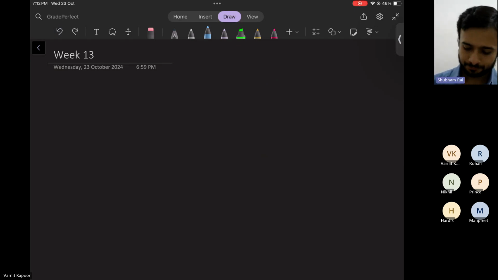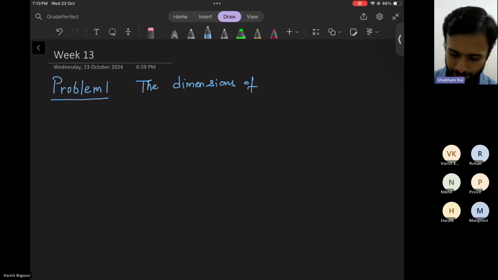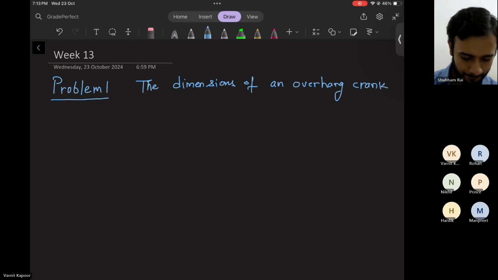So I will start with problem one. The problem one says the dimensions of an overhang crank are given in the figure.